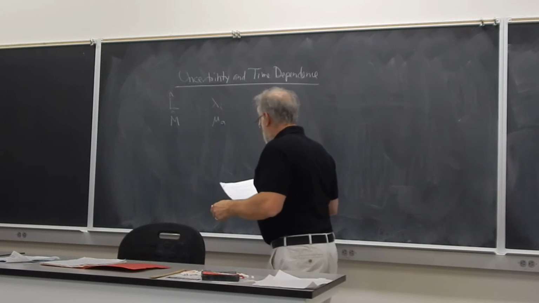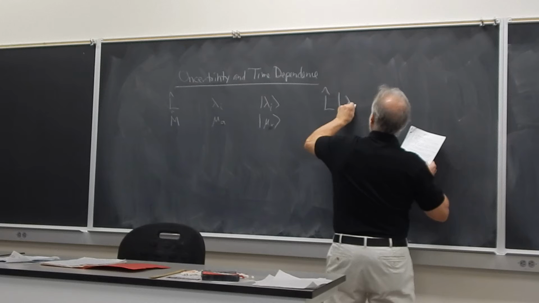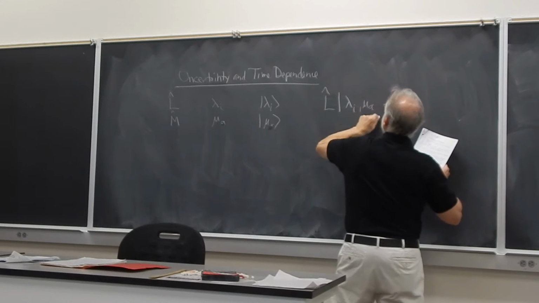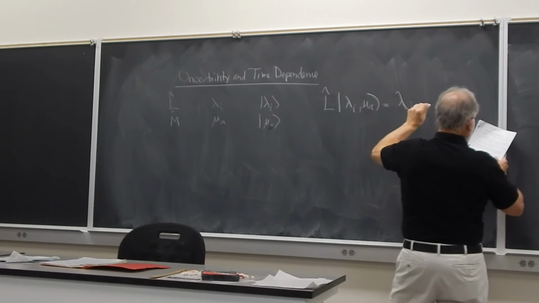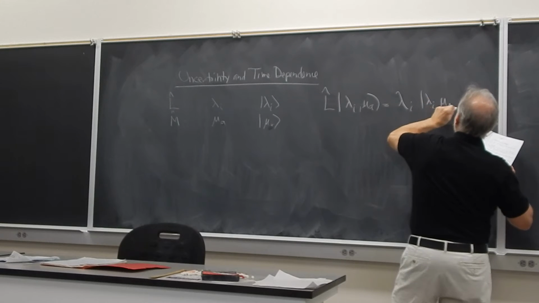of L and M. What that means, of course, is that L operating on lambda I and on UA will be equal to eigenvalue lambda sub I times lambda I, UA.